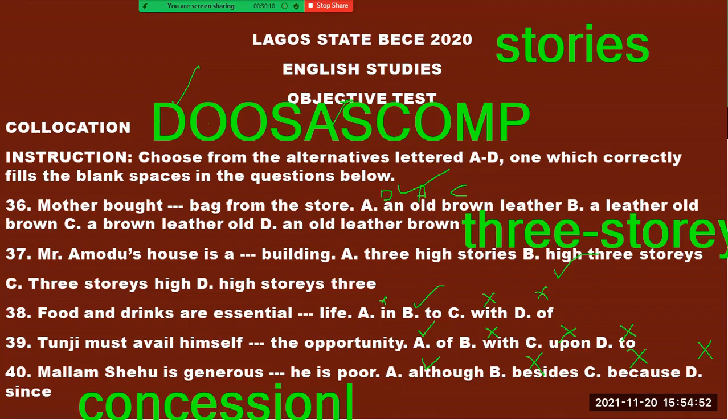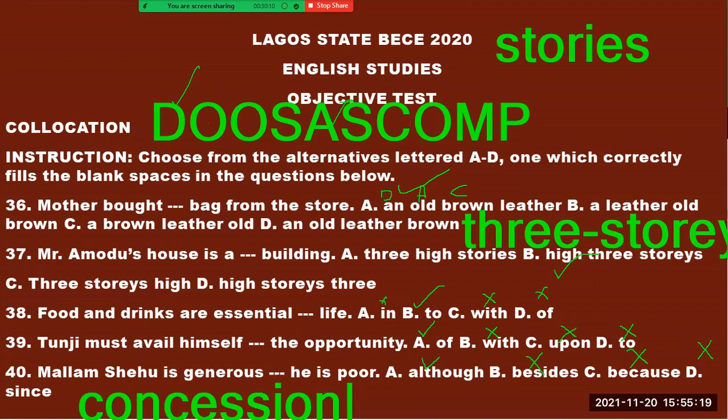For example, Malam Shehu is generous, and being generous obviously is expected of a rich person. Now we see that he is poor, so it seems to be a sort of putting two opposite things together.